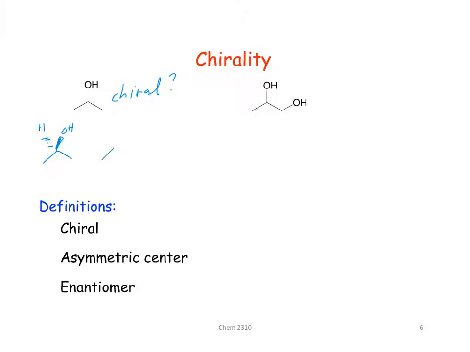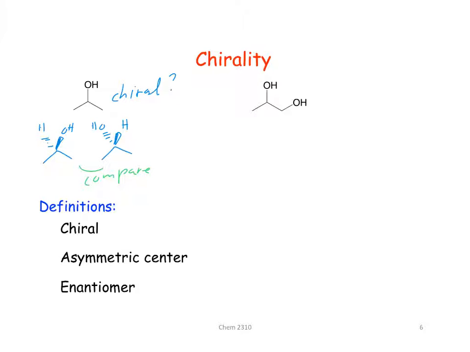And we could reverse those. So we could put the H up here and the OH back here. Okay, so the question then, are these the same or are they different? So let's compare these. Alright, so what do you think?